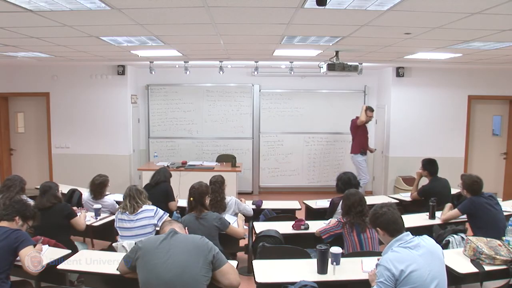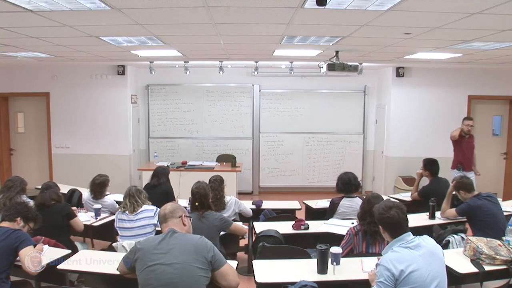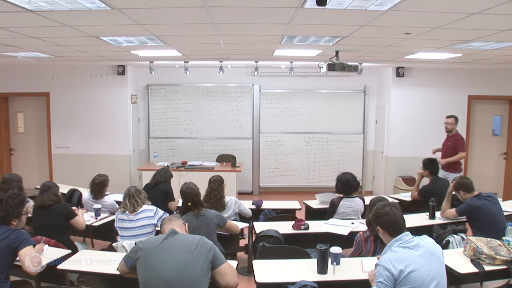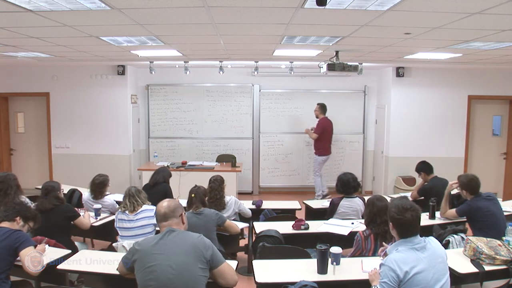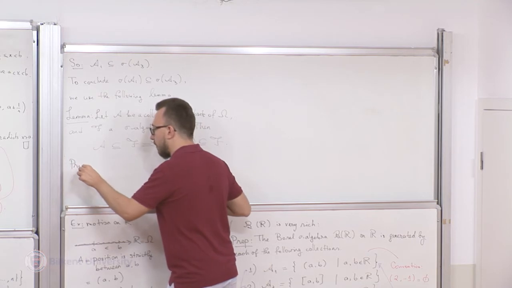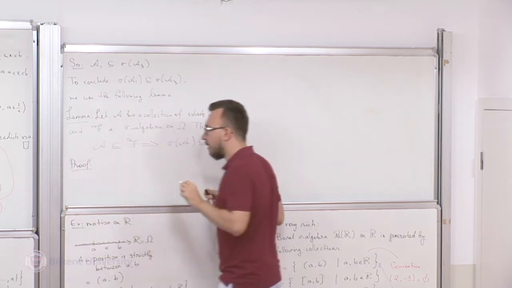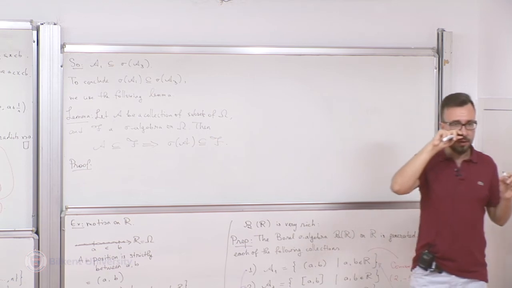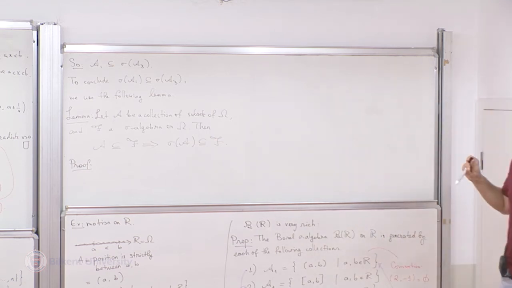Okay? How should we argue about the proof of this lemma? So A is a subset of F, okay?